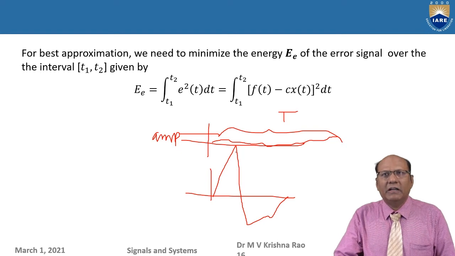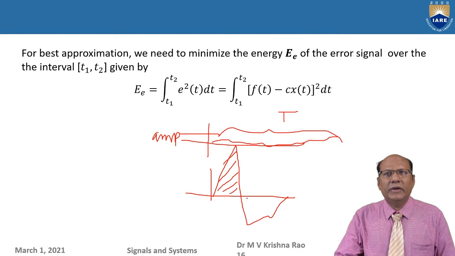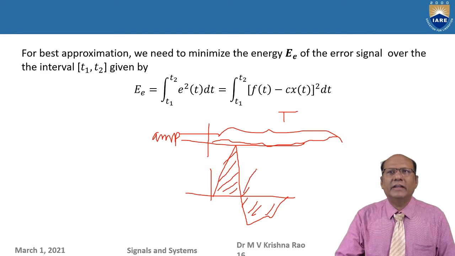Okay. So ultimately what is important is the area under this signal. And I have the negative area here. So to make this positive, what I will do, I square it. So when I take the absolute value, I will get like this. This is what I have.